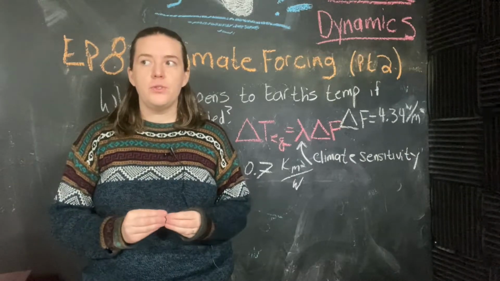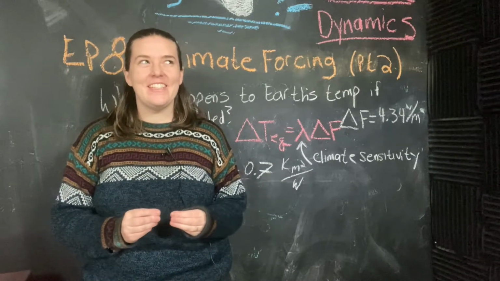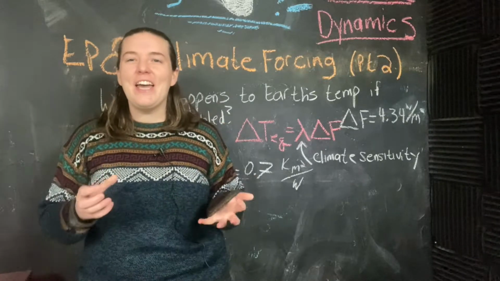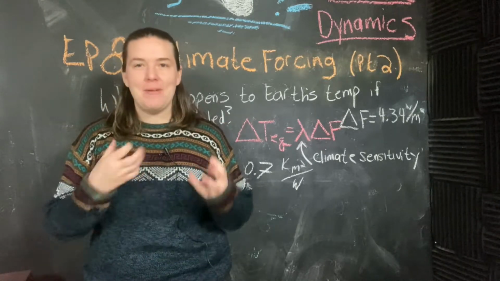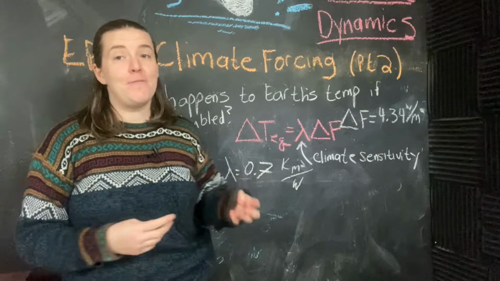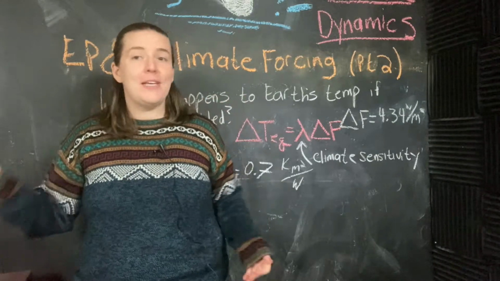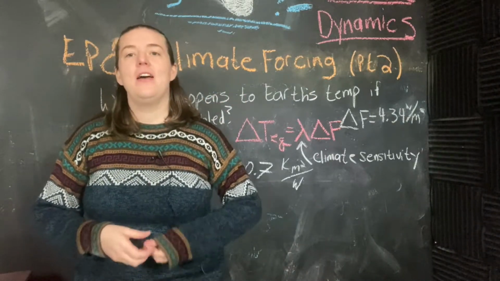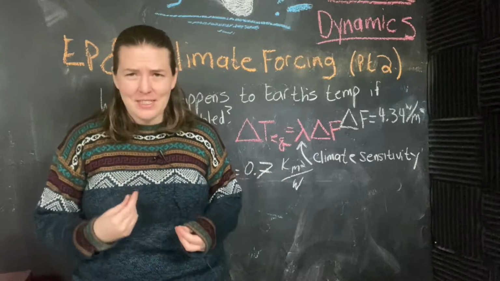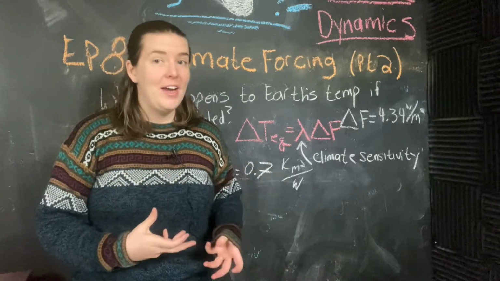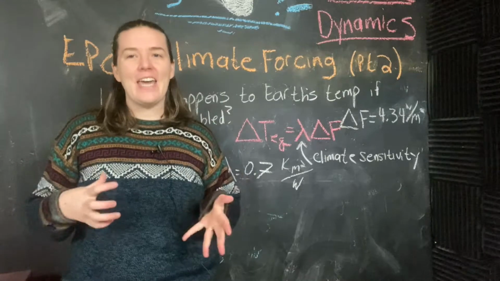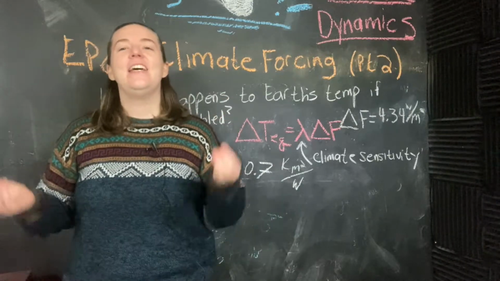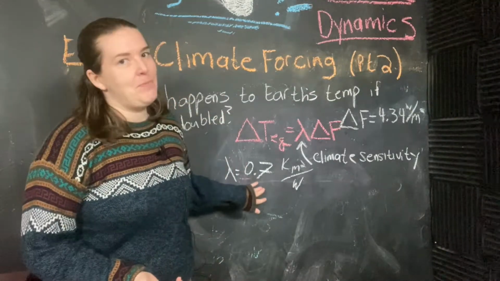I think those are the main points I wanted to make about climate sensitivity. I hope you understand that methodology. I pulled this number from my Wallace and Hobbs Introduction to Atmospheric Science textbook, but I hope you have some sense of the decades upon decades of work by scientists that has gone into coming up with this 0.7 number.